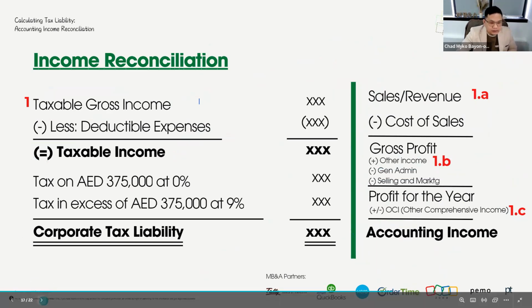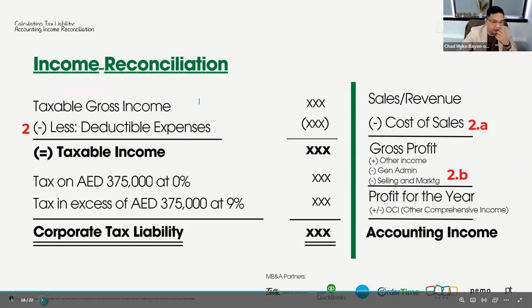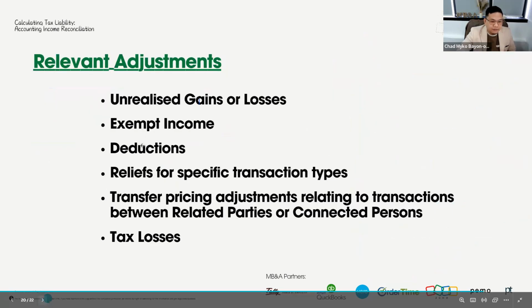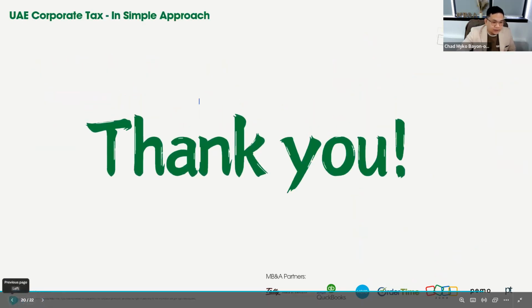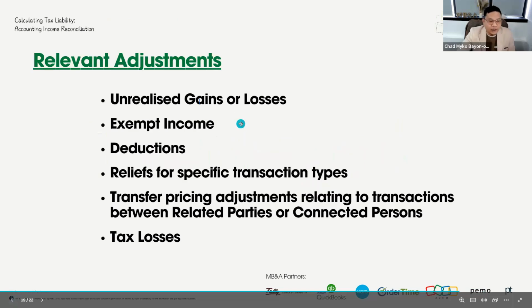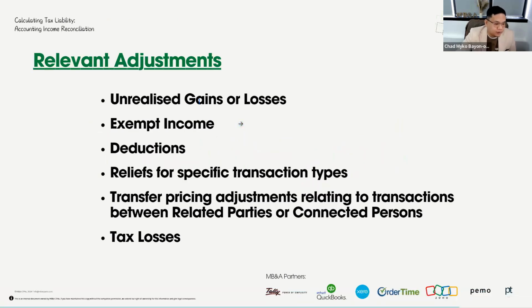So next, so these are actually the list of the relevant adjustments. For a while, these are a list of relevant adjustments that is actually reflected. So this one we have discussed for our unrealized gains and losses. We have discussed a portion of exempt income.